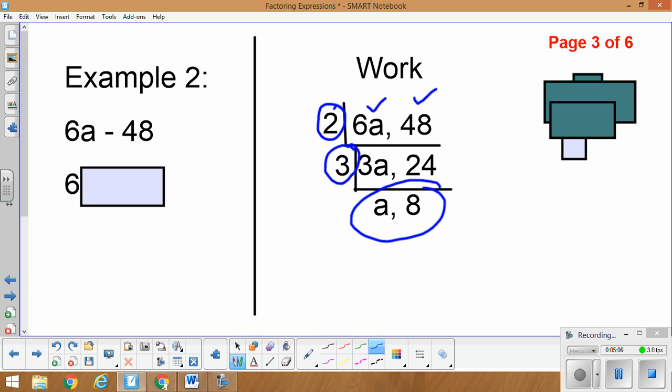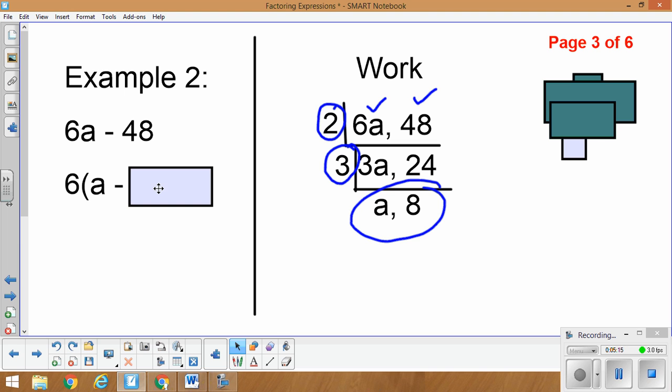I'm just going to put a minus sign between them. 6a divided by 6 is just a. Bring the minus sign down. 48 divided by 6 is 8. Okay, if you need a minute, please pause. We'll move on to example 3.